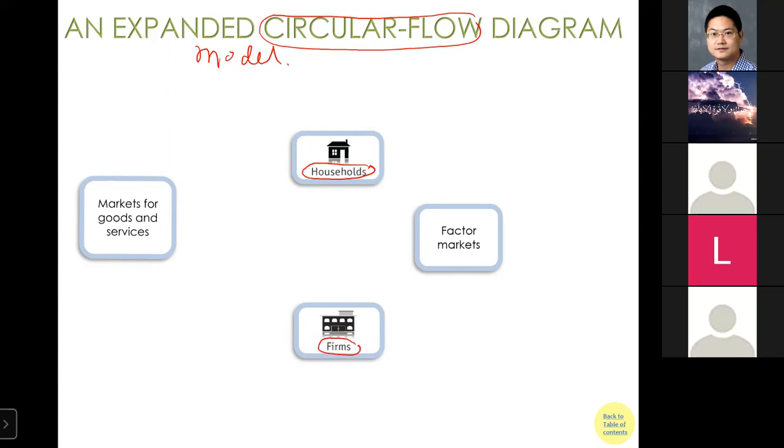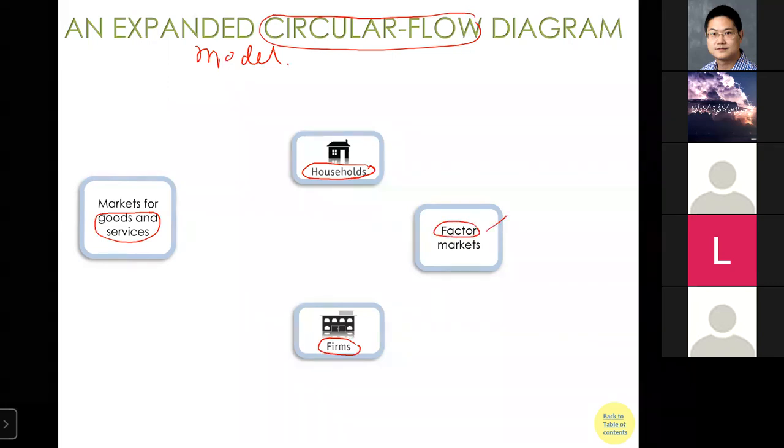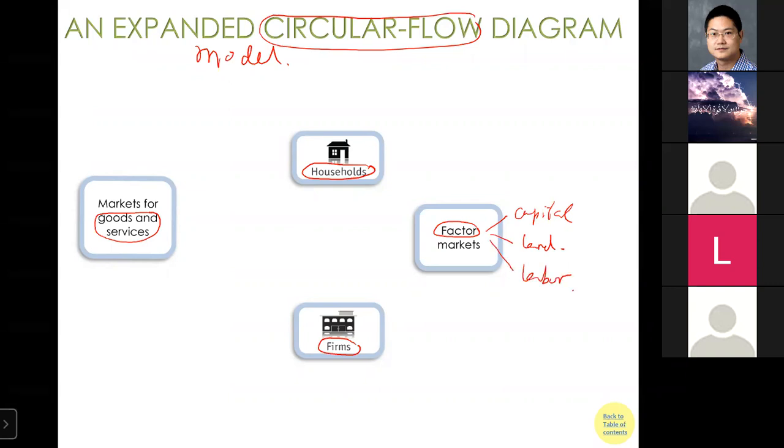Households and firms interact in two markets. One is the market for goods and services. The other is the market for factors. What are factors? Essentially capital, land, and labor. Those are the factors we need to produce goods and services.